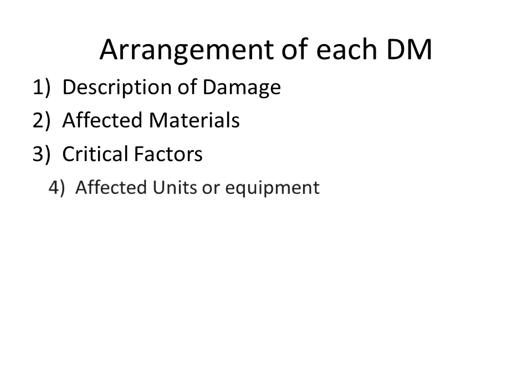Affected units or equipment. Some damage mechanisms affect some particular equipment. So we have to note down which are the equipments that are affected. The corrosion under insulation affects equipment which is insulated. And if there is fireproofing on an equipment, there also will be a chance of being affected by corrosion under insulation.